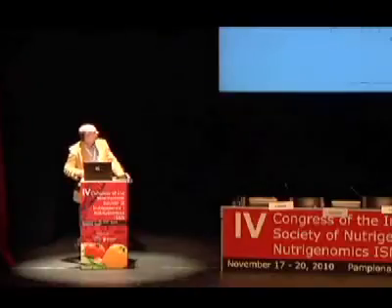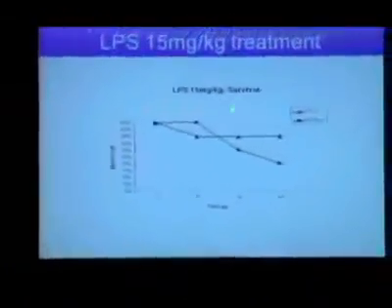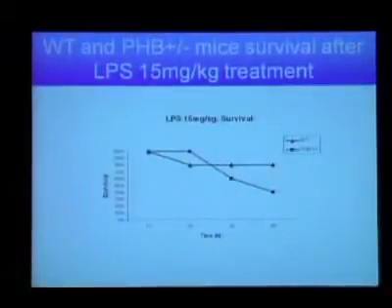And this was further supported by the increased sensitivity to treatment with a pro-inflammatory insult such as LPS. You see that the survival of the knockouts was severely reduced. So our feeling is that the hepatocytes are not quite happy with half of the prohibitin, and neither are the lymphocytes, leading to this pro-inflammatory condition.